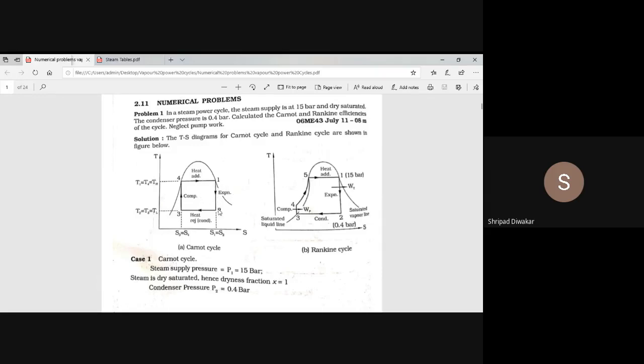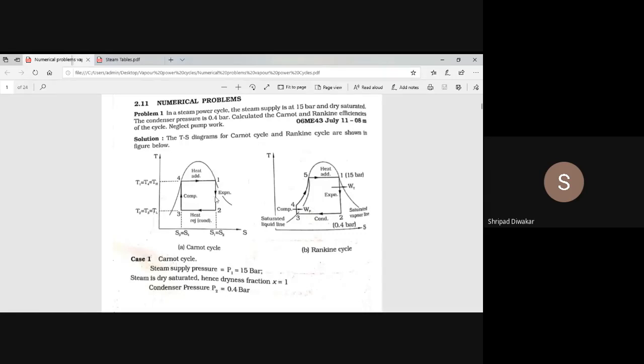1 to 2 is your isentropic expansion. 2 to 3 is heat rejection in the condenser. 3 to 4 is adiabatic compression or isentropic compression, and 4 to 1 is the heat addition at constant temperature. We are having the two isentropic processes in Carnot cycle, and one is the heat addition and one is the heat rejection. This is the simple diagram of Carnot cycle.